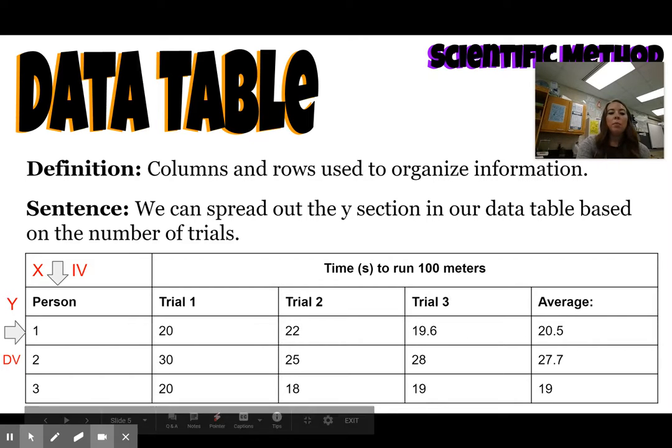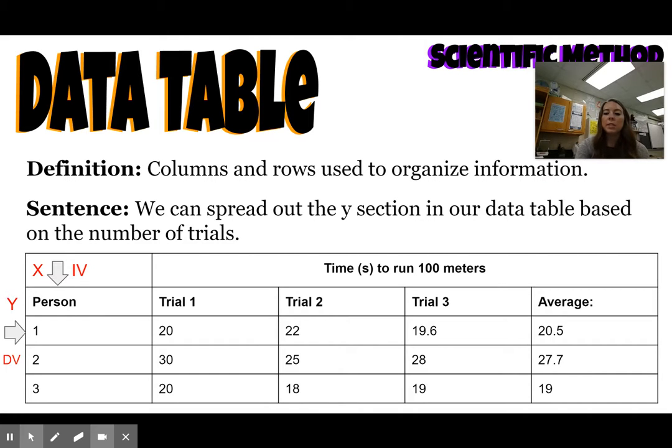So again, what was changing was the person, and what we were measuring, our dependent variable, was the amount of time it took to run 100 meters. And so today, when you're making your data table, you're going to be looking at the amount of fertilizer and the plant height. And again, there was trials for that example that you'll see in your assignment today too.